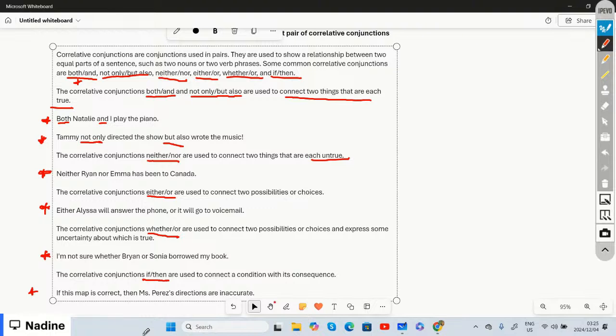So we use the correlative conjunctions both or and, not only but also. They are used to connect two things that are each true.